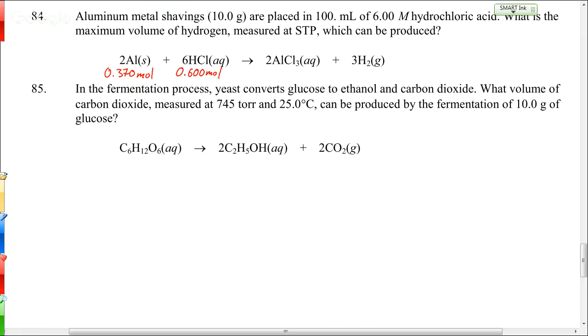Yeah, it's got to be the HCl, because we need 3 times as much HCl as aluminum. We've got 0.37 moles of aluminum and 0.6 moles of HCl, which means for 0.6 moles of HCl, we need 0.2 moles of aluminum. We have more than that, so we have some excess aluminum. So we're going to do our calculations based on this one as limiting.